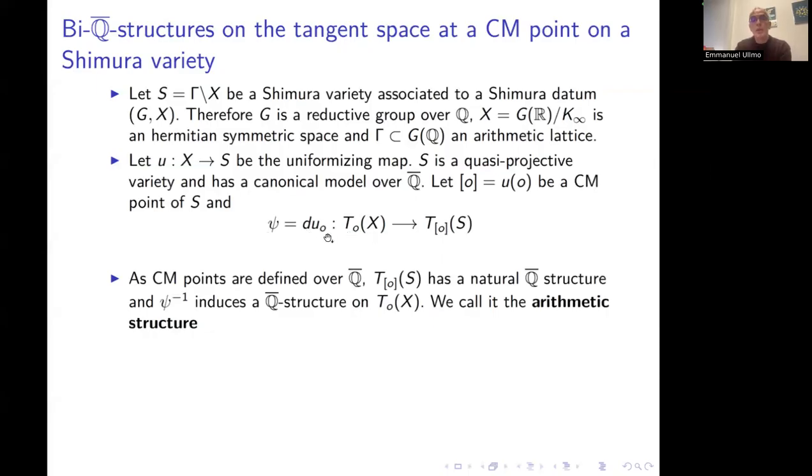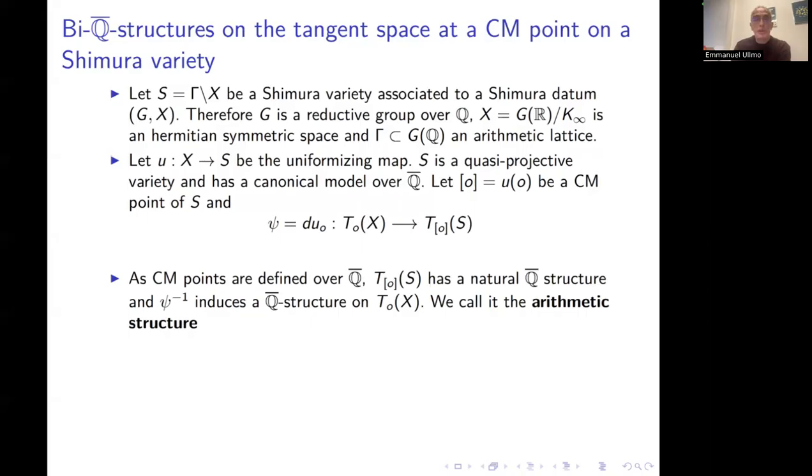So if you look at the isomorphism between the tangent space of a point above the CM point on X, then you can construct a Q-bar structure on T0 of X by saying that you have a natural Q-bar structure on the tangent space of the Shimura variety at the CM point. As previously, I call this the arithmetic structure.